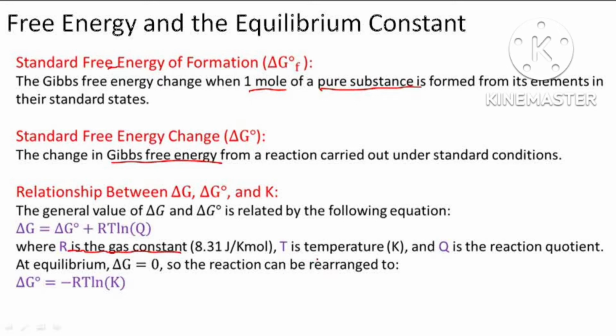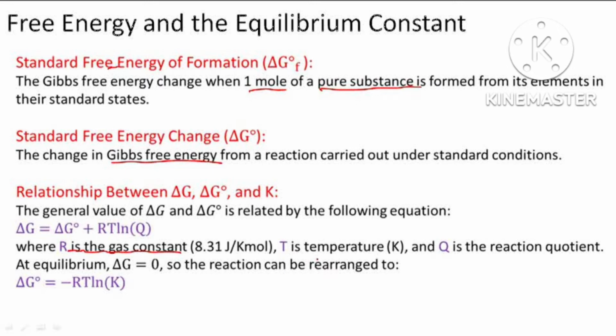And when delta G is negative, the reaction will be spontaneous. For a reaction to be spontaneous, delta G must be negative. Keep that in mind. Likewise, if delta H is negative and delta S is positive, delta G will be negative and the reaction will be spontaneous.